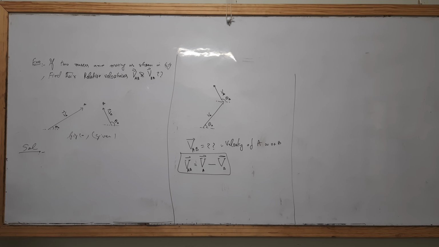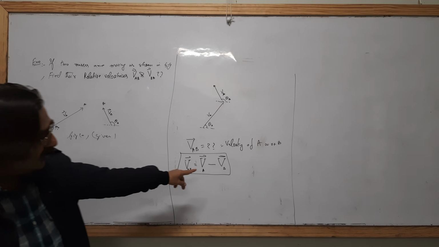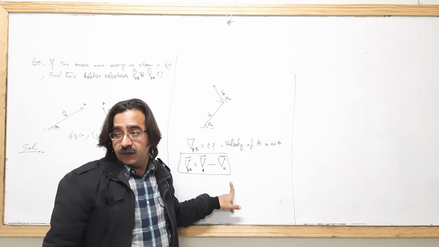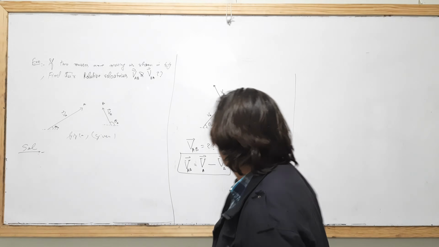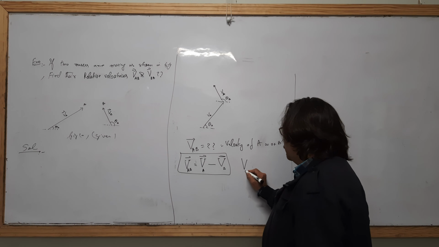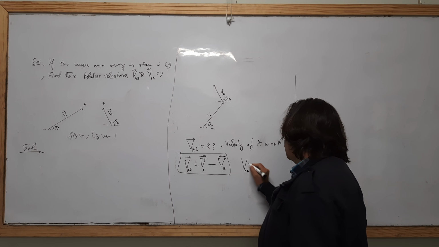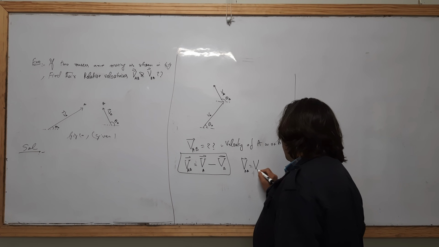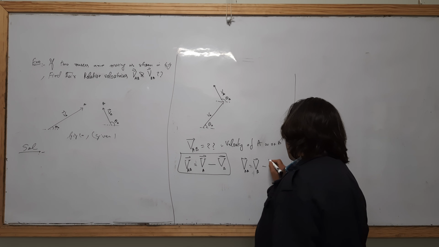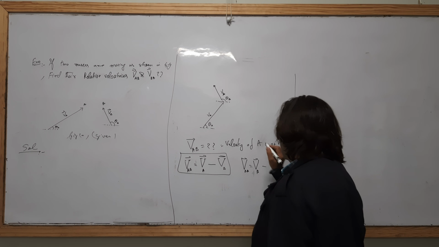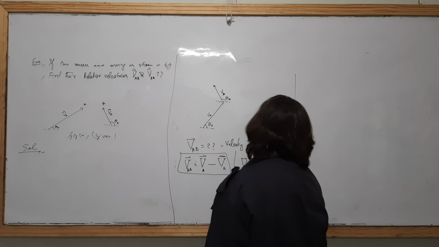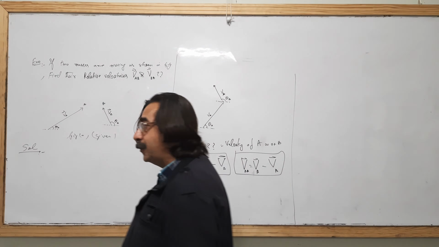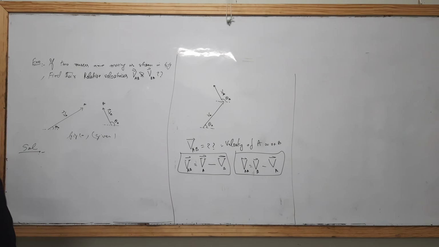In the last class we proved that VAB is equal to this, and VBA is equal to VB minus VA. These two formulas we have derived last time.